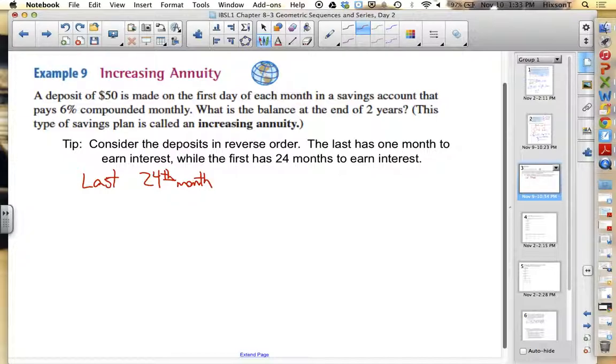That's going to be our A sub 1. We're going to look at these from the last to the beginning. So think about this. That last deposit we make is $50 and it's earning 6% annual interest, right?